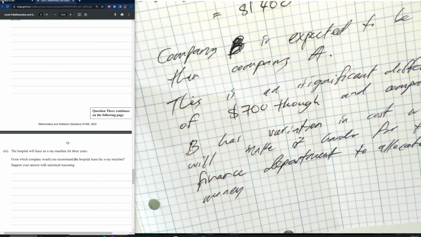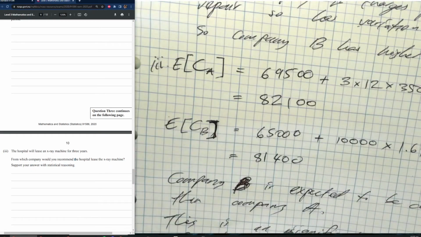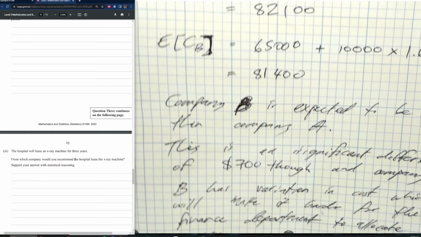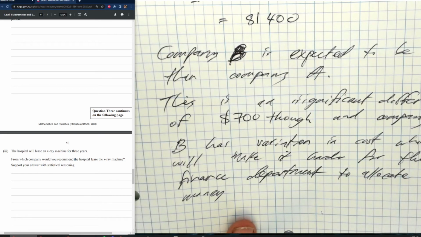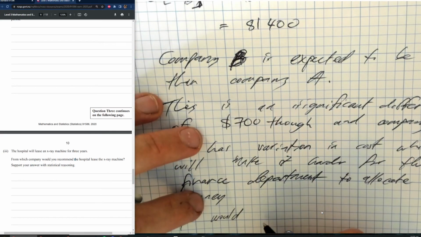Right, do they want me to work out the variation? I could work out the variation because we have a standard deviation that we can work with, but I don't think that they care too much. Yeah, I would select company A.